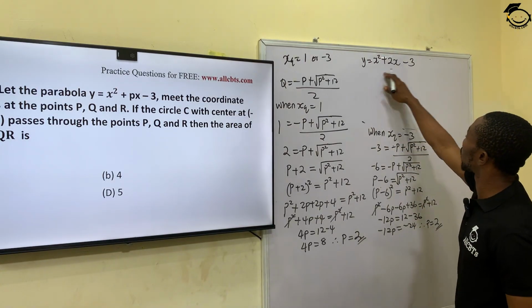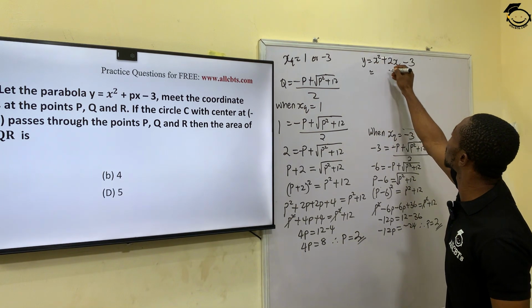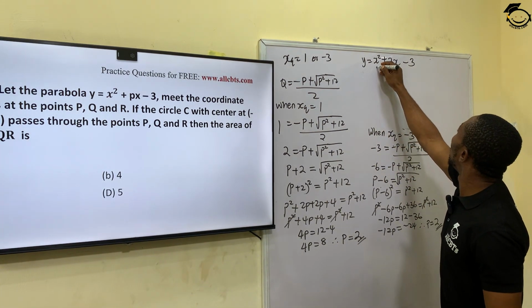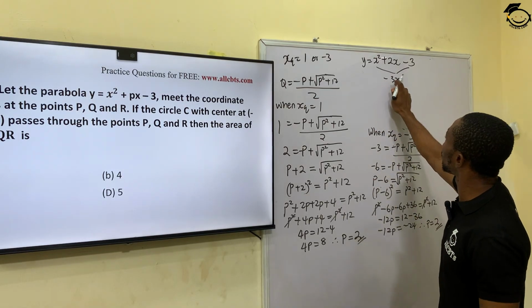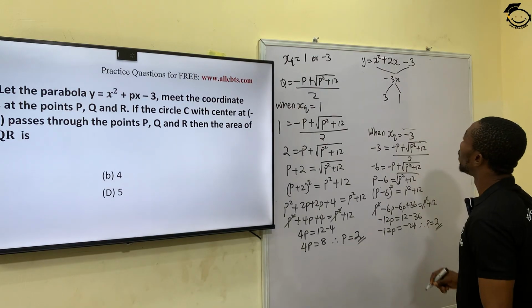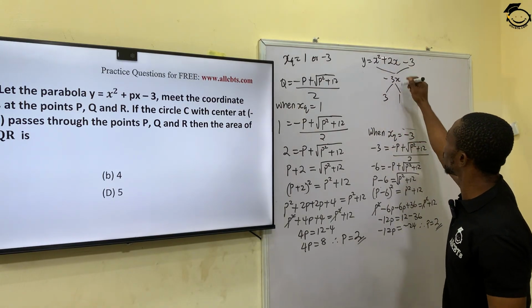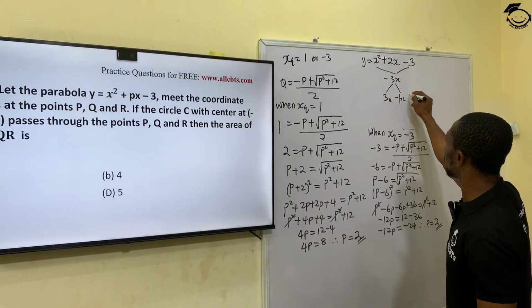Okay, so we factorize this out. When we factorize this out, this will give us minus 3x. Now, factors of 3 that will give us 2 will be 3 and 1. Now, since this is negative and this is positive, this will be negative. So we have 3x and minus 1x.